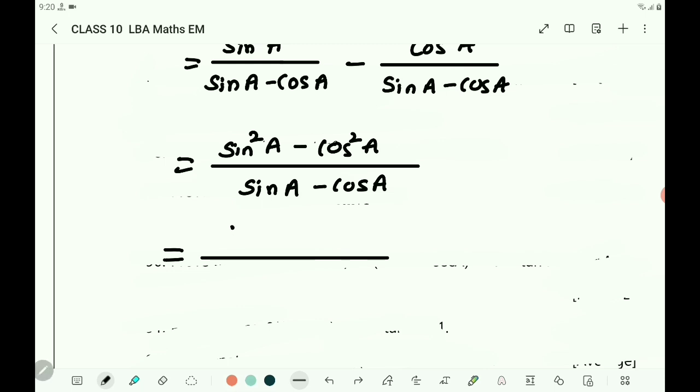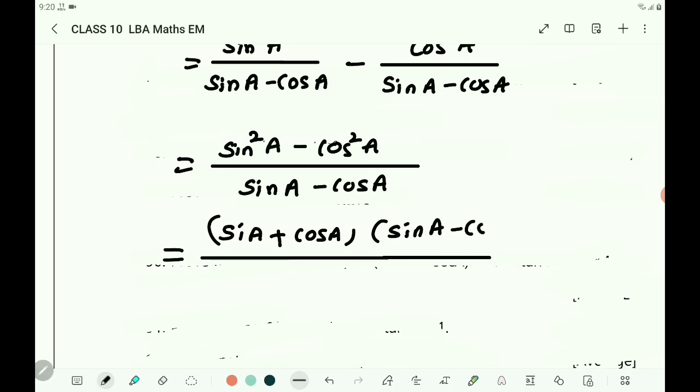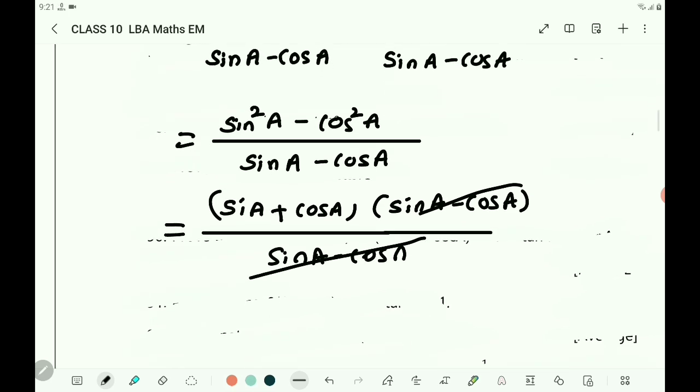Write sin A plus cos A into sin A minus cos A by sin A minus cos A. Here sin A minus cos A, sin A minus cos A, from the numerator and denominator cancels.